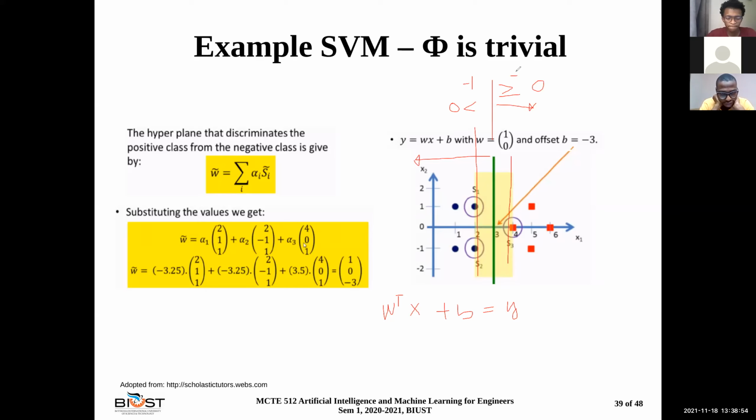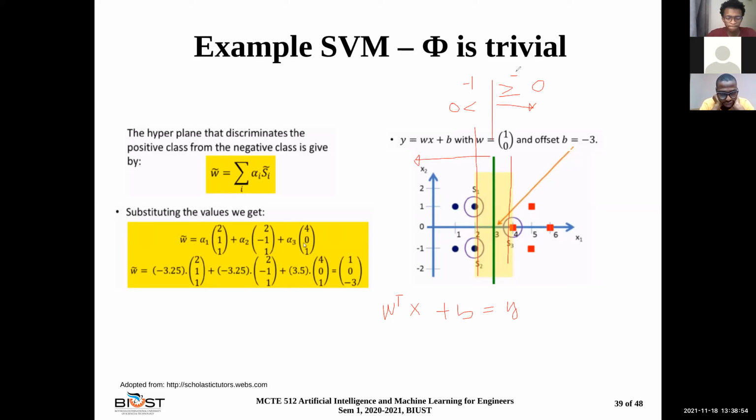So what is x1? Remember, this is the axis of x1. If we consider just a support vector, this is 2, yeah? So 2 minus 3, that's -1. Again, this is 2 minus 3, that's also -1. What about this one? 1 minus 3, that's -2.